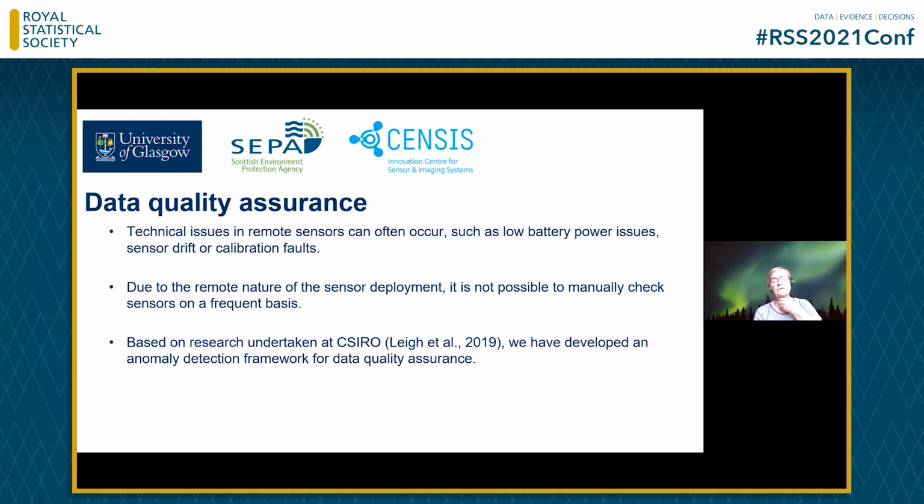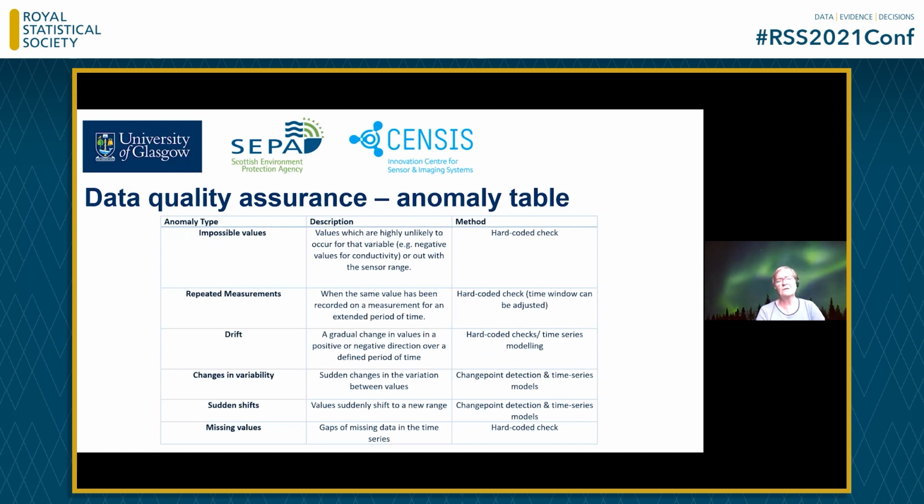So we looked around, and we came across some very interesting work undertaken in Australia, looking at exactly these types of issues: an anomaly detection framework. We've implemented those ideas in our system. There's a whole variety of different types of anomalies. I'm using that word very generally, but it could be simply impossible values, or drift in the sensor, or changes in the variability.